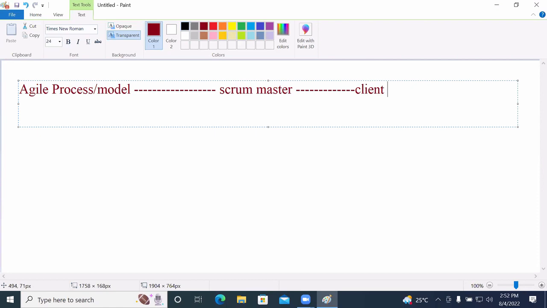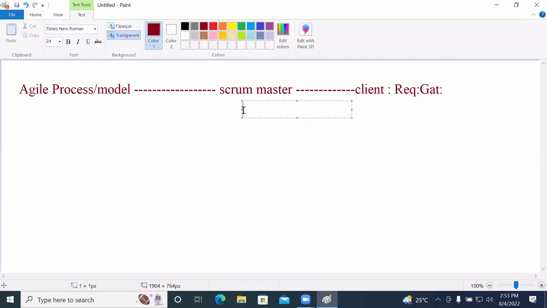Once they communicate with the client, they take care of gathering all the requirements. Once they have gathered all the requirements, those requirements need to be delivered to the project manager. As simple as that, we mention that the Scrum Master is considered the mediator between onshore and offshore.